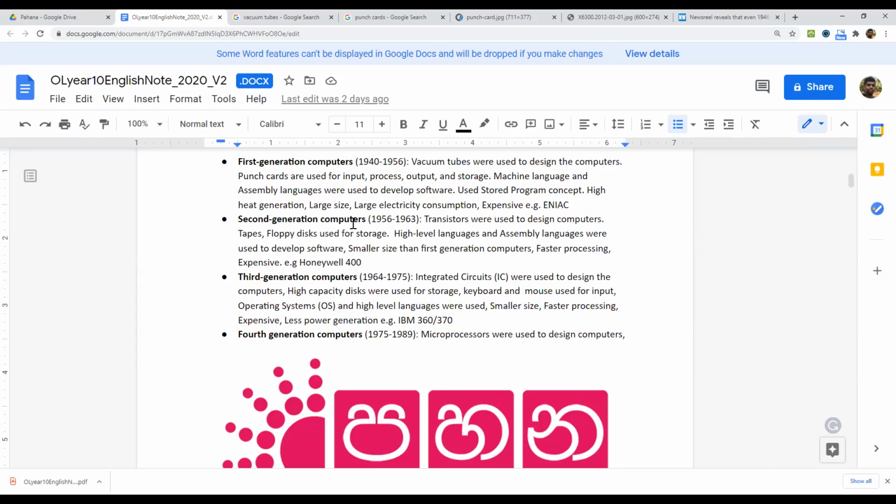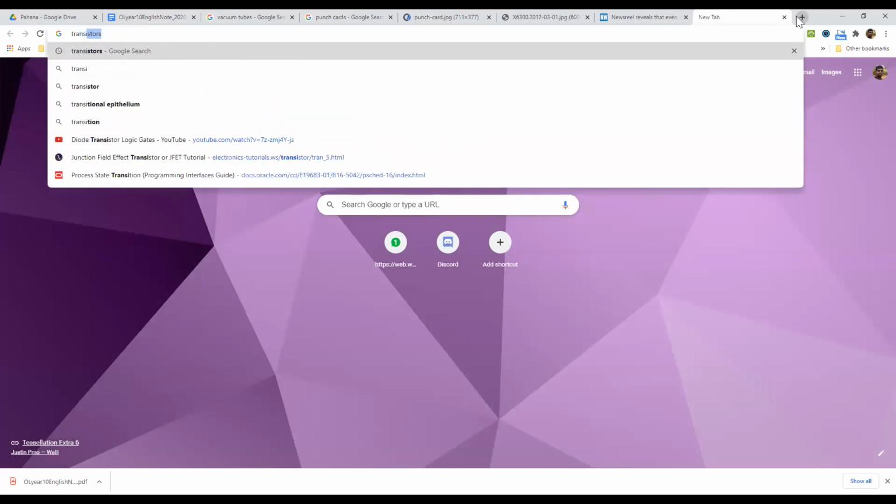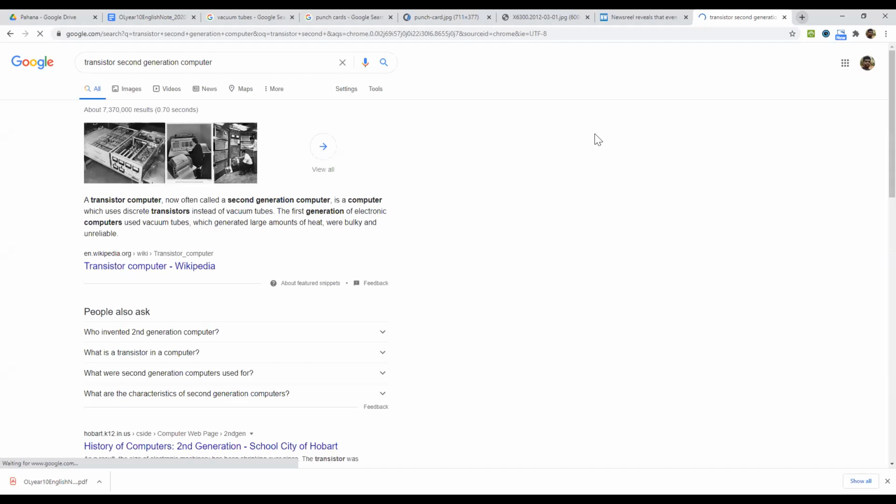Now, second generation computers, I told you, is between 1956 to 1963. Then they used what we call transistors, right? When you look at a transistor, they were a bit bigger earlier.